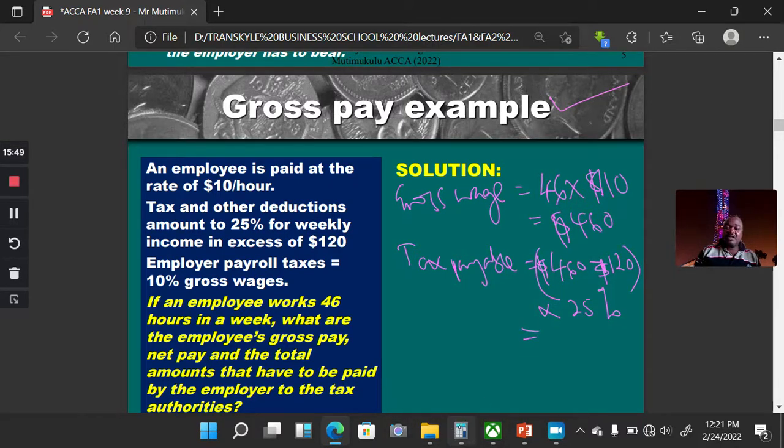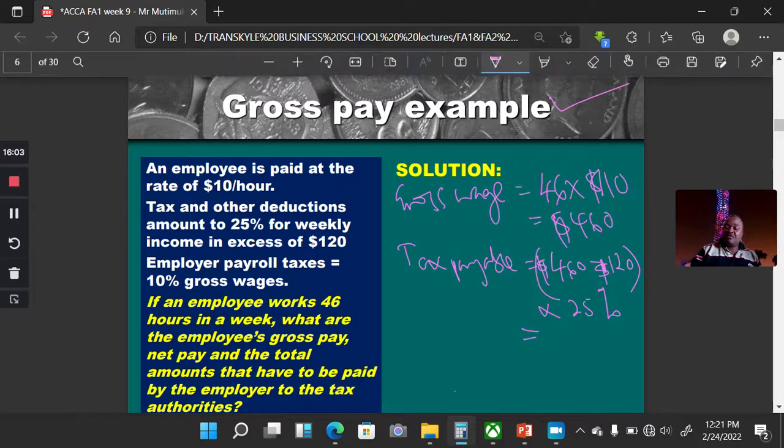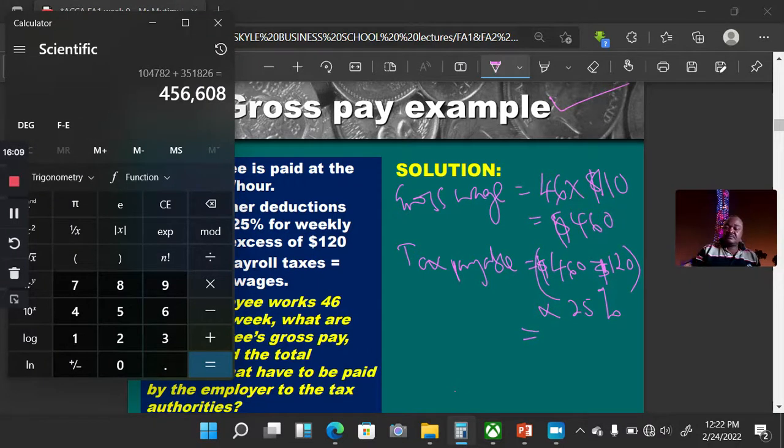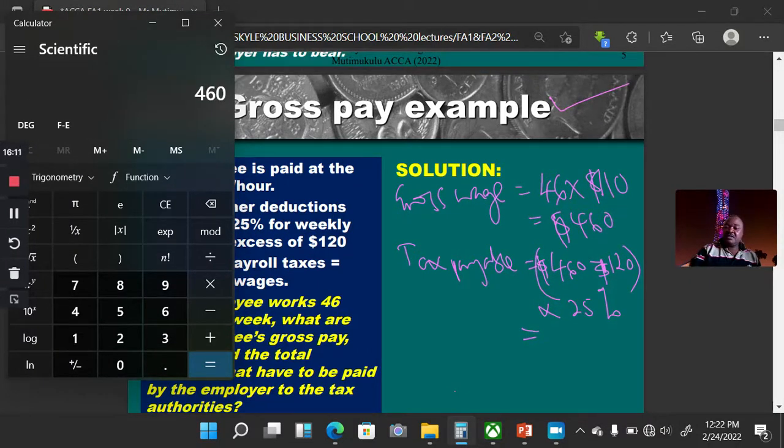Using our calculator. Remember, you just have to love using your calculator, because by the end of the day, if you don't use your calculator, you are going to fail. 460 minus 120, we get 340, multiplied by 25%, that's 85.